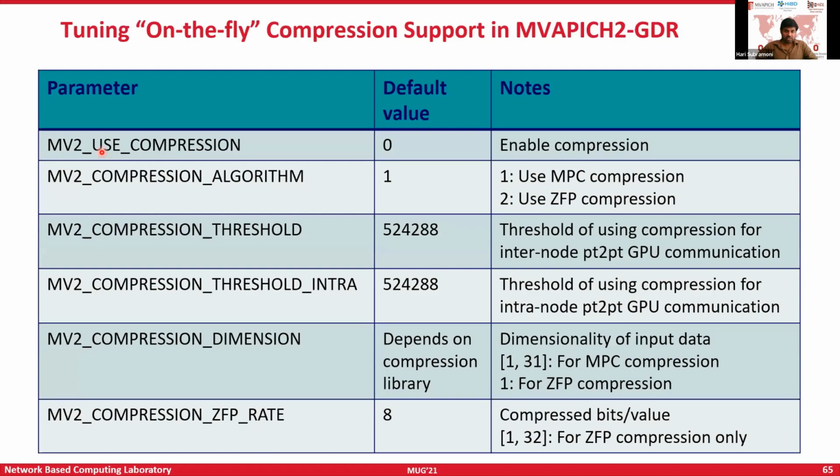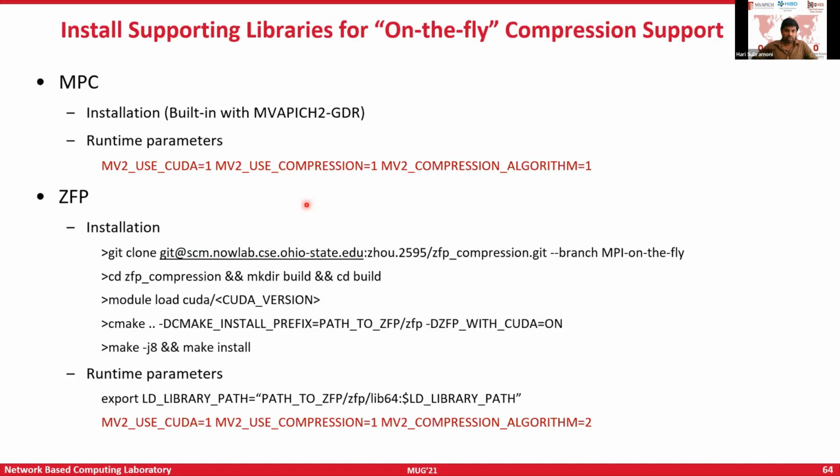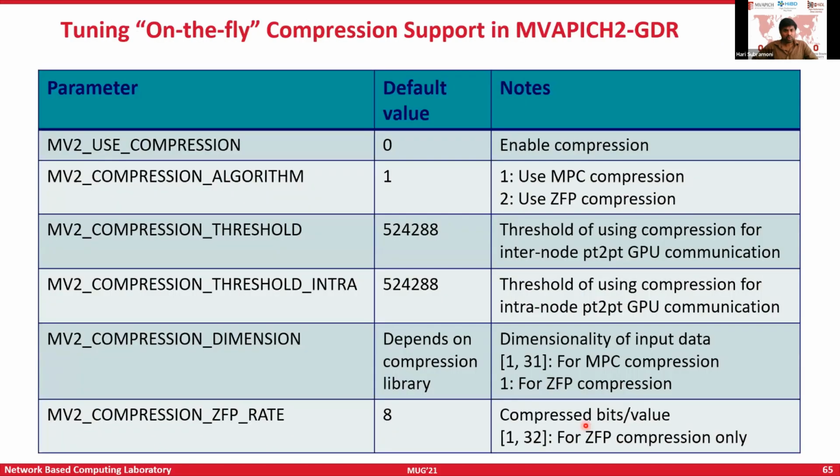These are the additional tuning environment variables that you have here. By default, these are the only variables that you need. You need to enable CUDA support, you need to enable compression, and you need to choose the compression algorithm. For MPC, it is 1, and for ZFP, it is 2. Now, if you want to do any additional tuning, these are some of the variables for that.